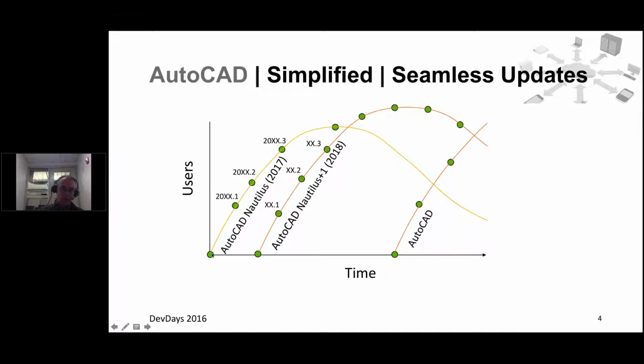So the plan was that we released AutoCAD 2017, and then introduce additional feature updates as well as the usual bug fix patches through the year. And then for 2018, again, this is the slide we presented in the previous DevDays. Our plan was for the 2018 release that we would do the same thing. We'd release that a year later. But then at some point in the future, we said we're going to move away from this annual release.